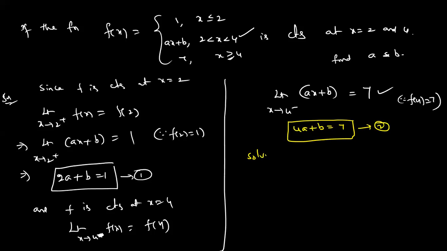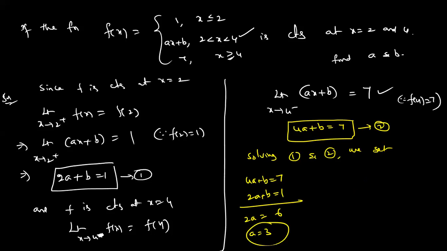So solving 1 and 2, what is the result coming? Anyone, dear students? 4a plus b is equal to 7 and 2a plus b is 1. Subtract: 2a is equal to 6, so a is 3.